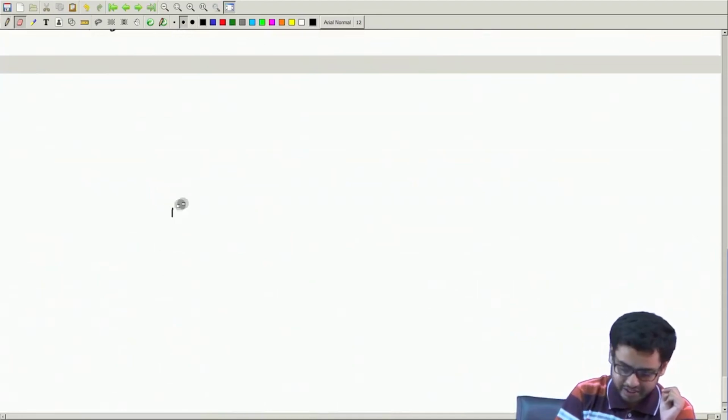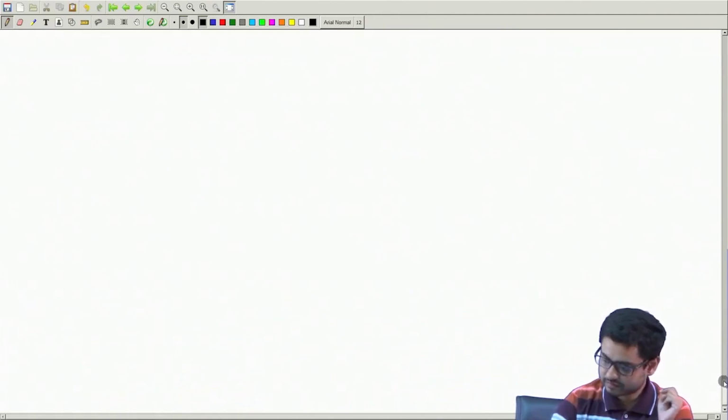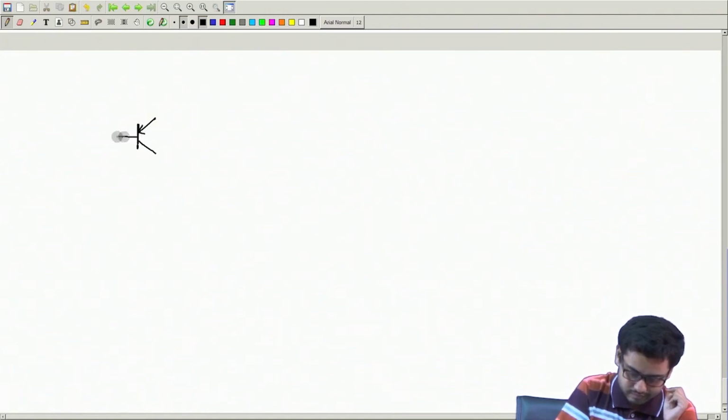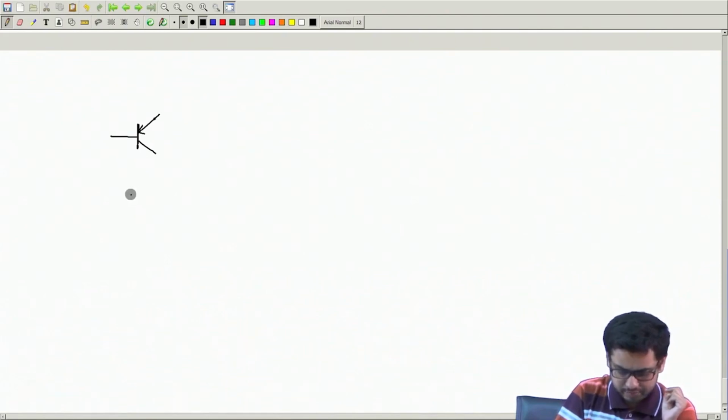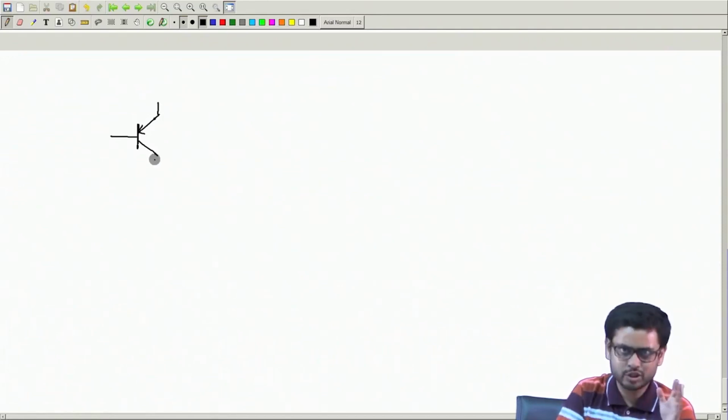Let me first draw the current source. I'm taking a PNP transistor, unlike the NPN in the previous case. I can do it with the other one as well, no problem.